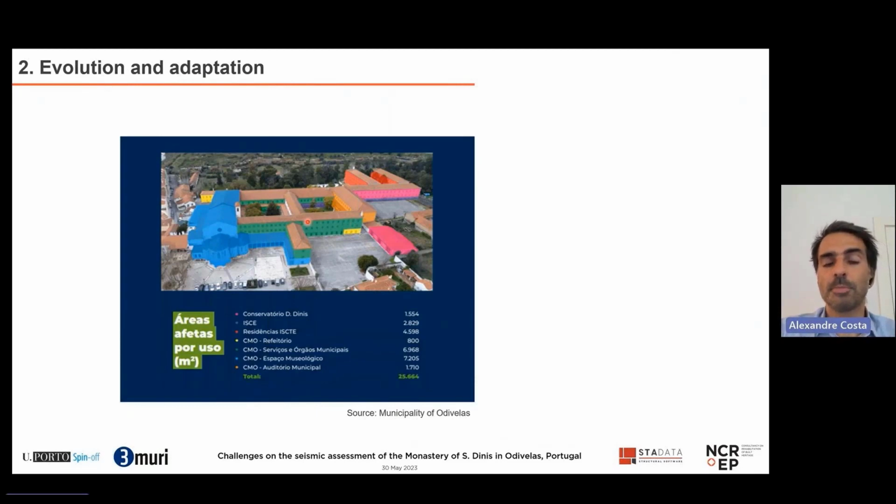Then we have the municipal services in other parts, and here an auditorium, here residences for students, and here a music hall. So it's going to be a very interesting intervention, but with this occupancy, it means that we are working with constructions that can be considered as importance class 3 according to Eurocode 8.